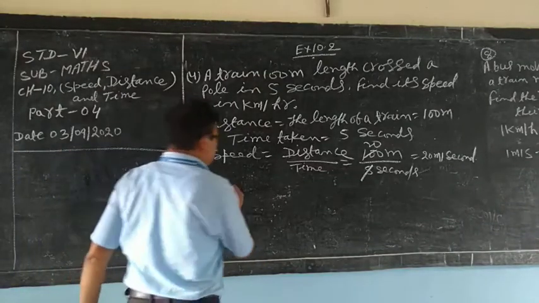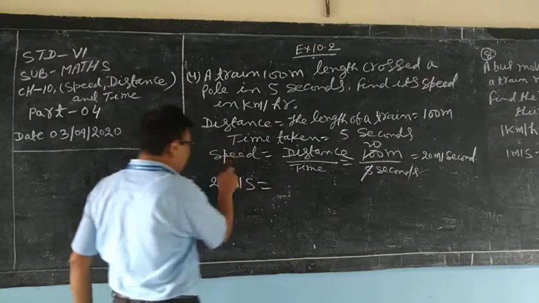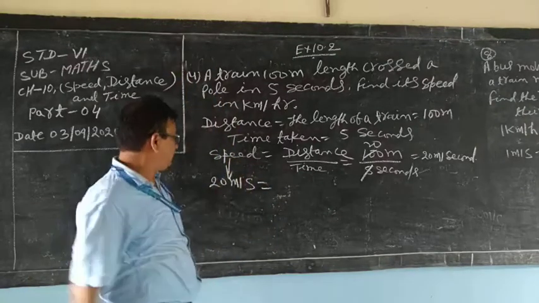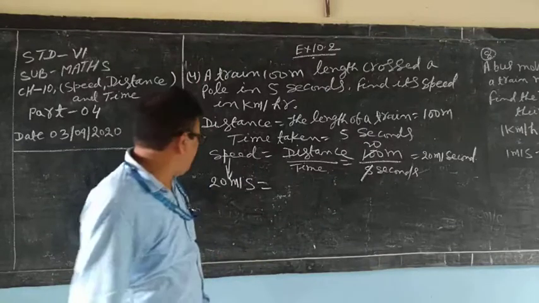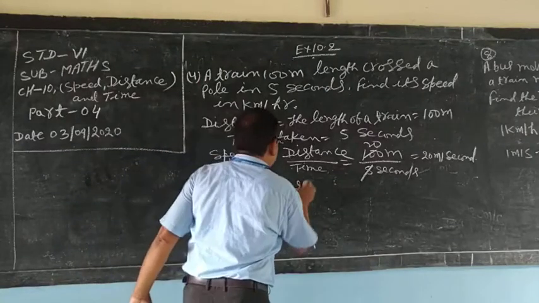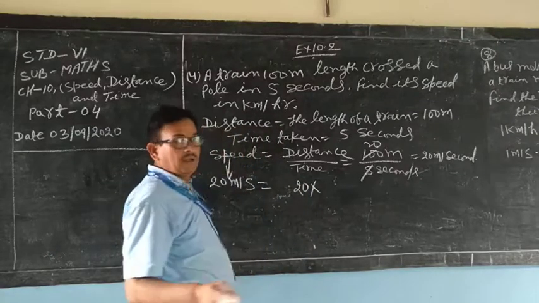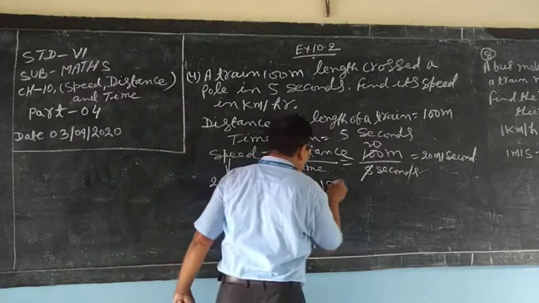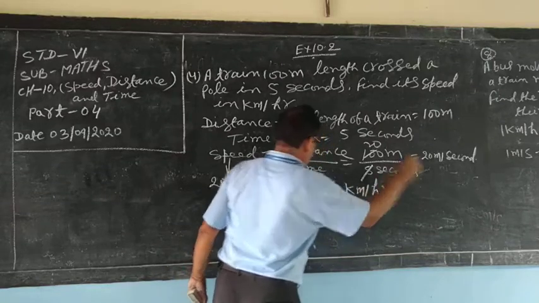So convert 20 meter per second. The speed is given, 20 meter per second. Change into kilometer per hour. So 20 multiplied by 18 by 5 kilometer per hour.